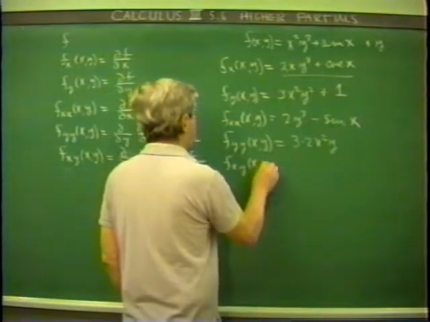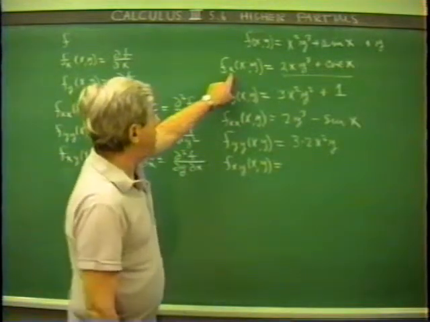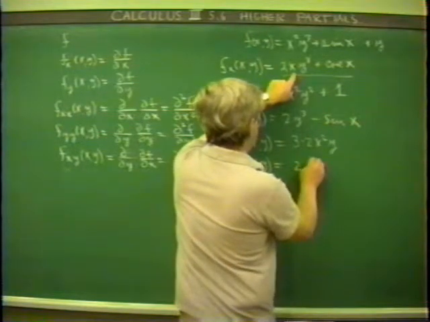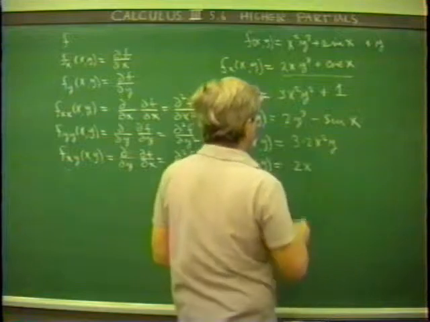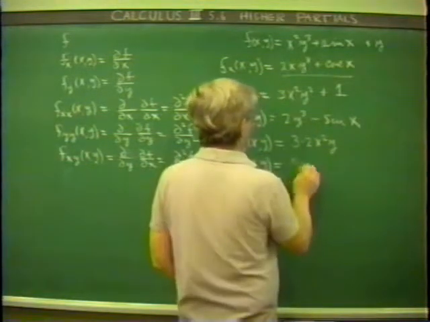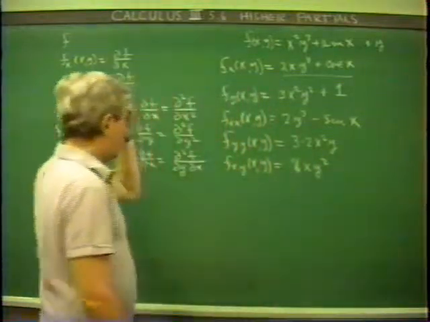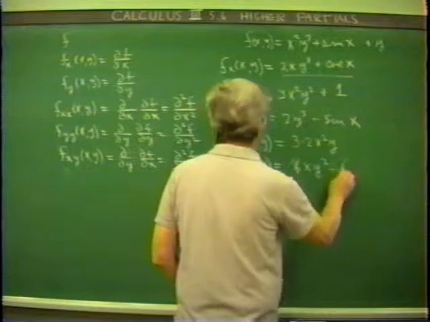The partial with respect to x, and then with respect to y at x and y, is equal to, take this partial with respect to x, now take the partial of it with respect to y, and we're going to get 2x times the partial of this with respect to y, that's going to be 3y squared, or altogether here, 6xy squared. Right?